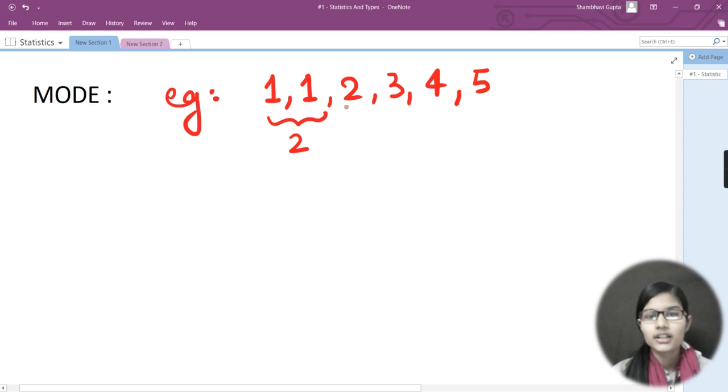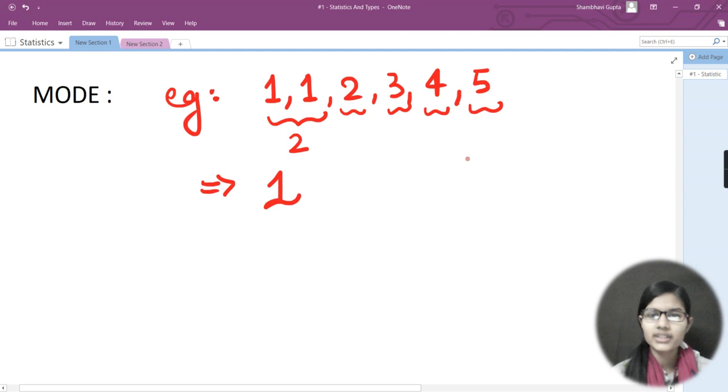We have 2 only one time, 3 only one time, 4 only one time and 5 only one time. So the definition for the mode is that when there's a number which is repeated more than one time in a number list, then it is known as the mode of that list. So here 1 is repeated 2 times. So the mode of this list is 1.